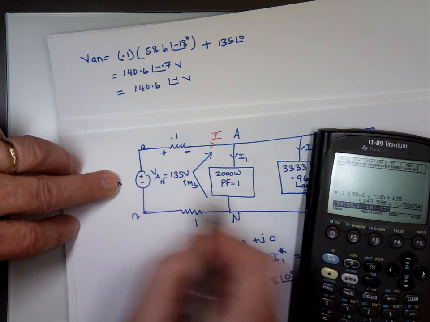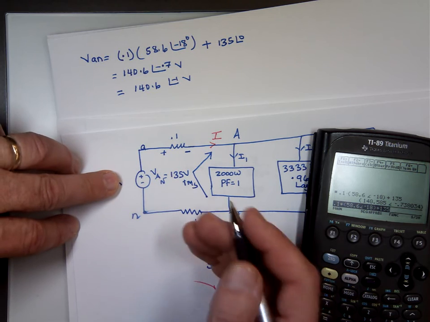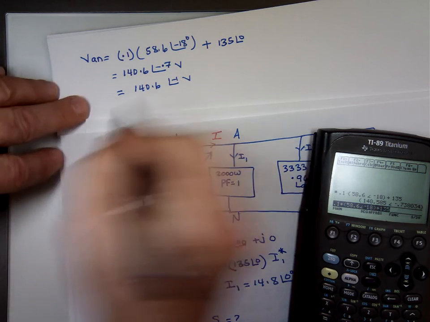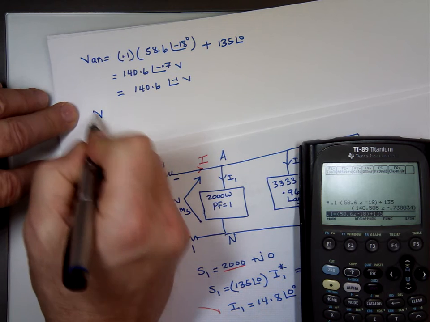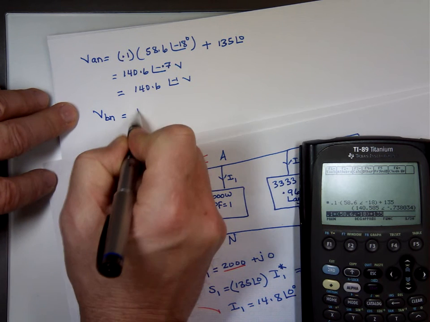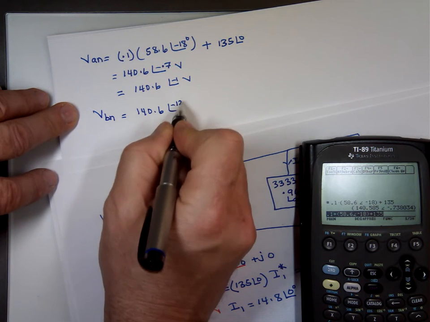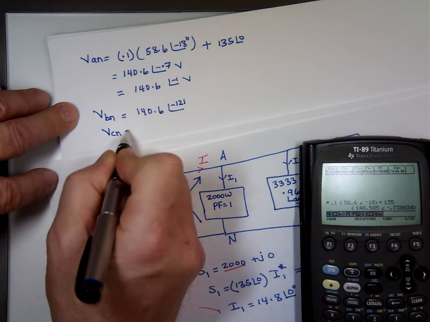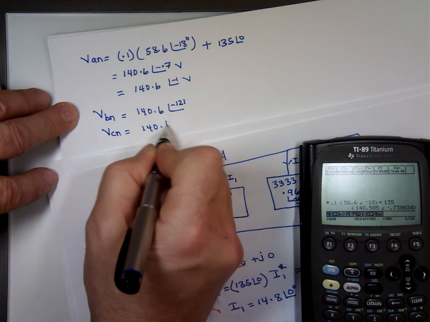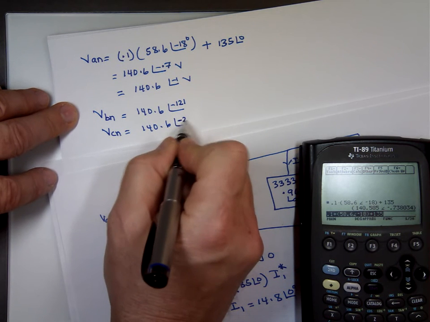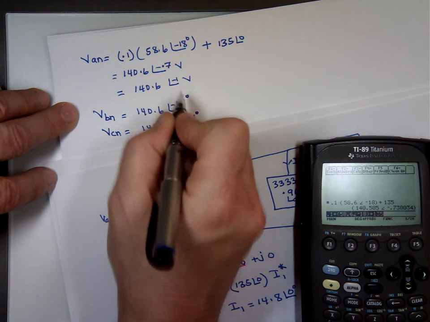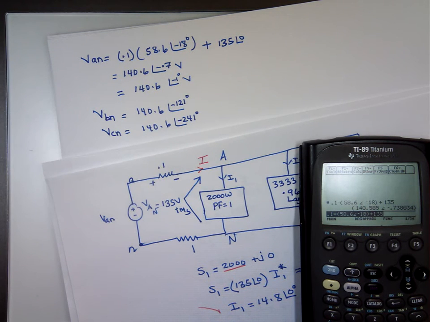If you want to find VBN and VCN, VBN is going to be 140.6 angle subtract 120, negative 121, and VCN will be 140.6 subtract another 120, negative 241 degrees. But I think they're looking for just the magnitude here.